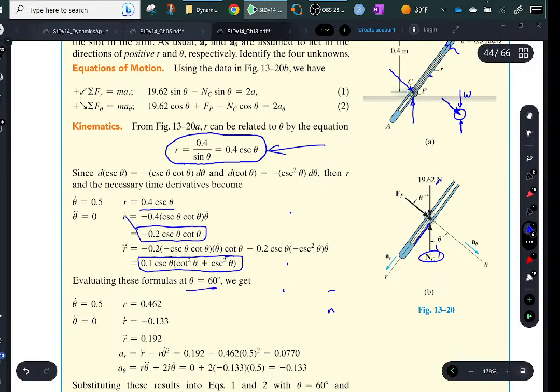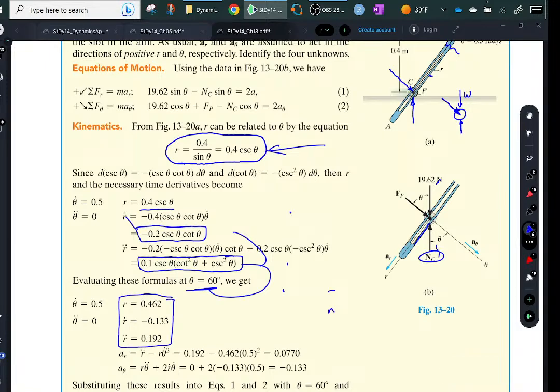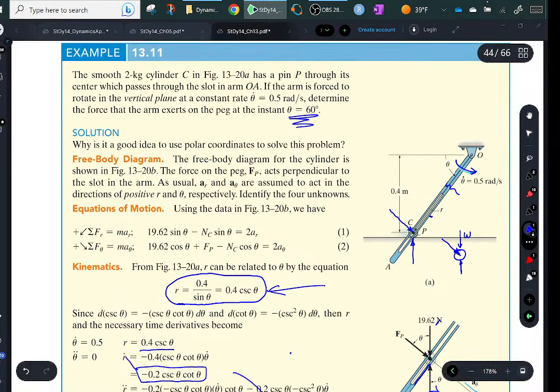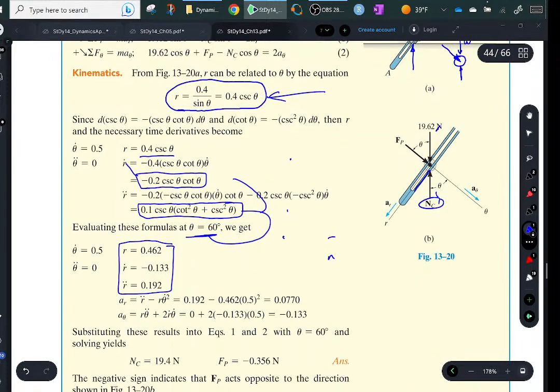So then you put this 60 degrees into these two formulas, and you'll get the three r's. Now, what he said before was a half of a radian per second. Did he say it was a constant rate? So therefore, if it's constant, that's 0. And so if you look at the r double dot, you see a 0.